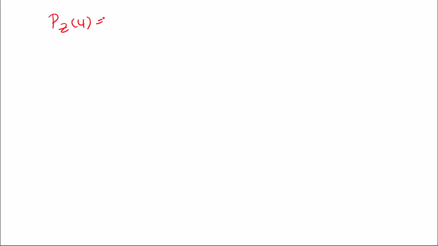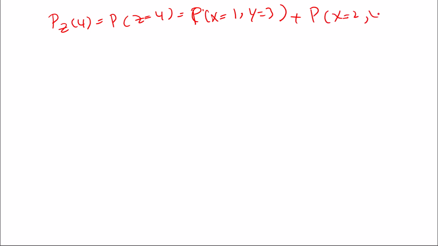Then for P_Z(4), we have P(Z=4) is equal to P(X=1, Y=3), or both of them are 2, X is equal to 2, Y is equal to 2, or P(X=3, Y=1), right? So it will be 3 multiply 1 by 36, which is equal to 1 by 12.